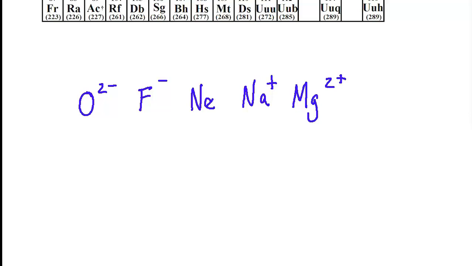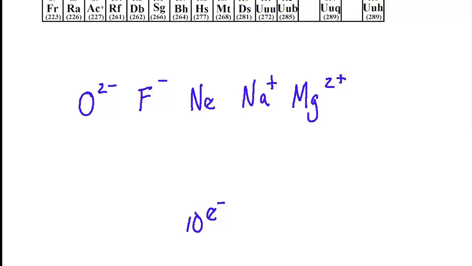If I look at all of these, they all have the same number of electrons. They would all have a total of 10 electrons associated with them. Neon is the neutral form, and then I have some of the anions over here, and some of the cations over here.